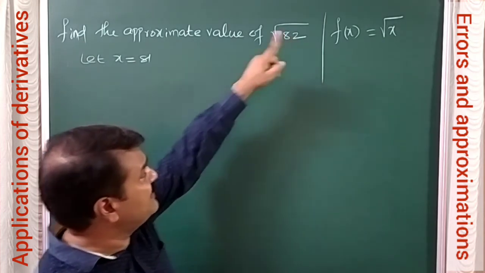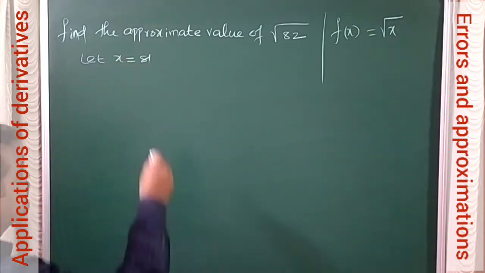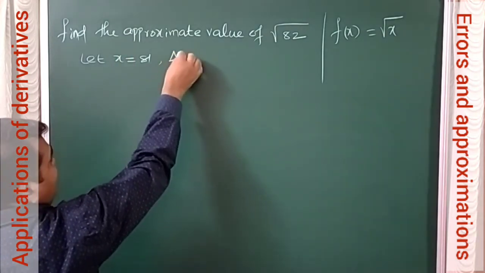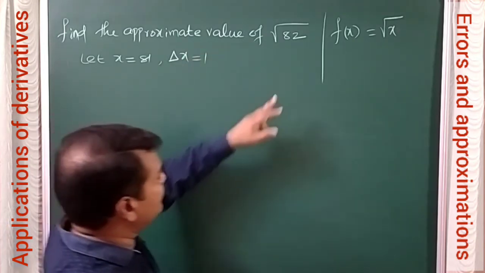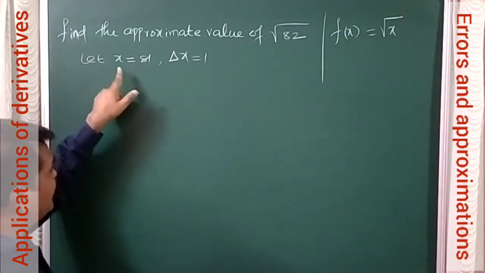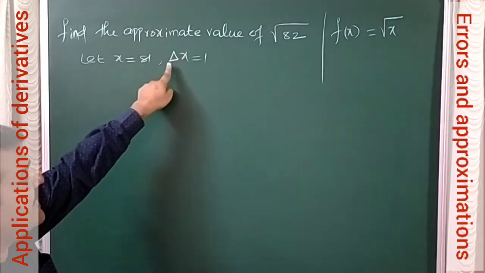What is the difference between this one and the perfect square which we have taken? 1, no? So that I will take as error in x, or delta x is 1. Original value 82. The value which I have taken is 81. Difference between those two means error in x is 1.